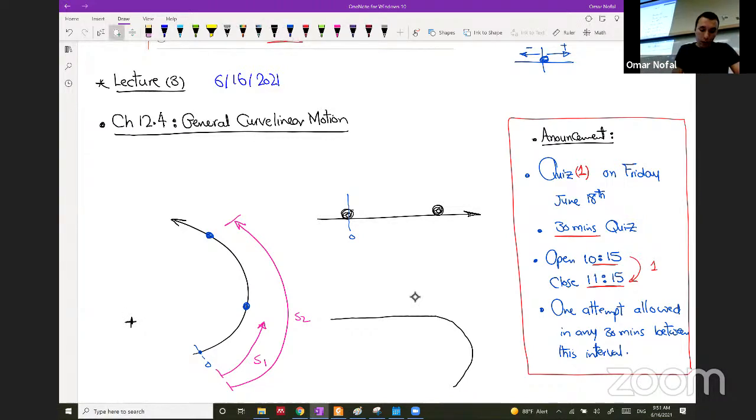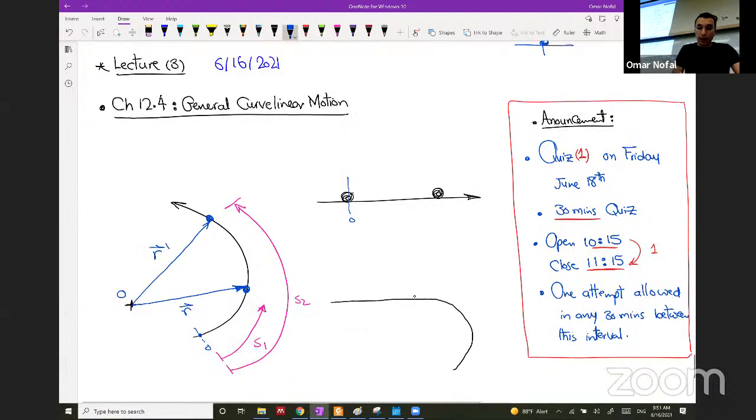This is the position vector from this origin, let's call this R vector, and this is the position of the second location of the particle, let's call this R dash. So we measure the position of the particle on this curved path from this origin.